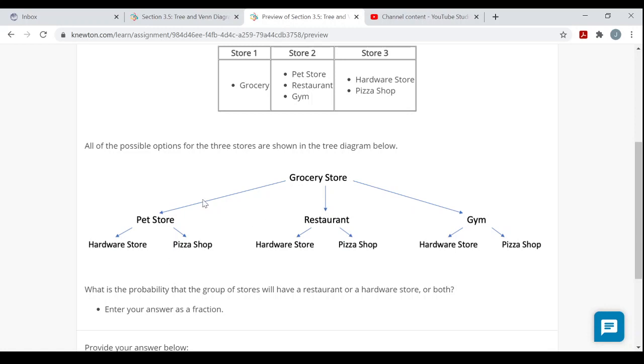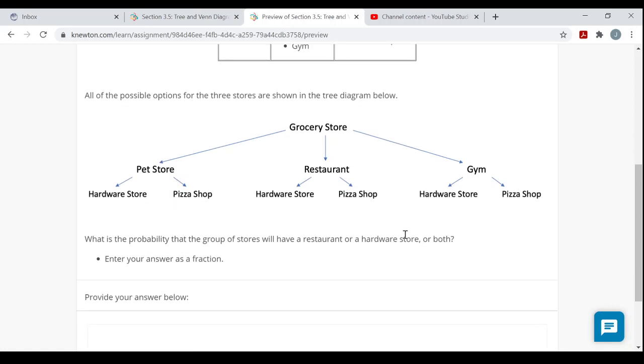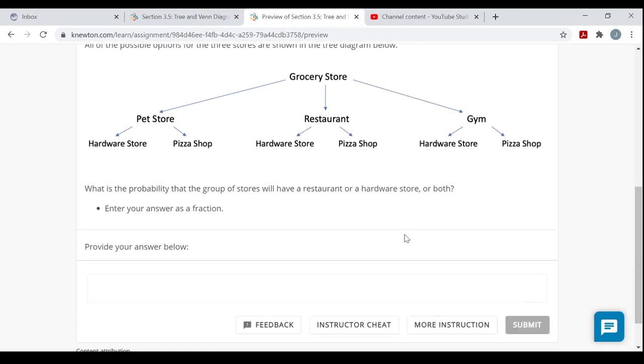Then you got the grocery store, restaurant, hardware store. That's 2 paths with either a restaurant or a hardware store. Grocery store, restaurant, pizza shop. That's 3 paths. And then grocery store, gym, hardware store. So four out of these 6 paths have either a restaurant or a hardware store or both.